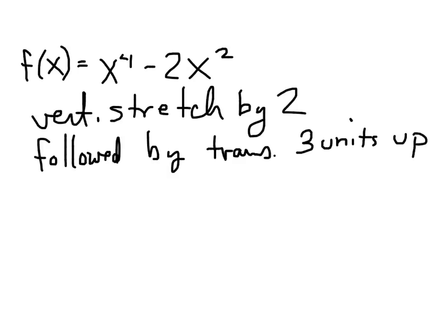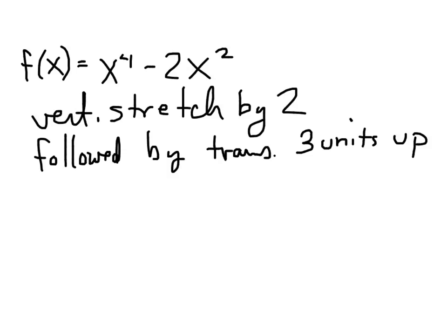Okay? So that's what it's going to ask you to do. So as far as this goes, this part is not going to ask you to graph. It's just wanting you to tell me what the new equation looks like.